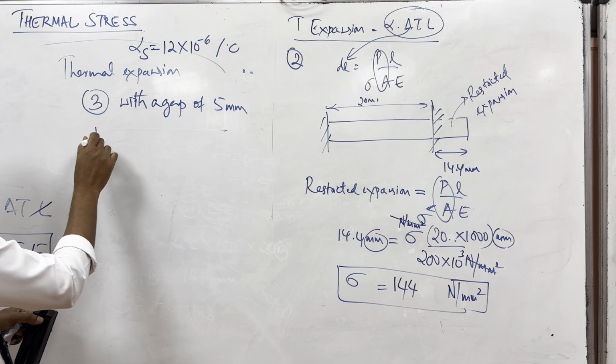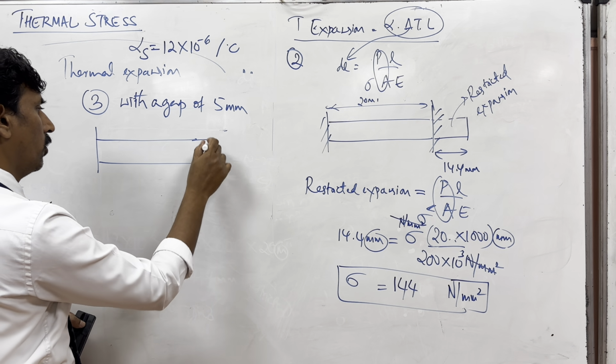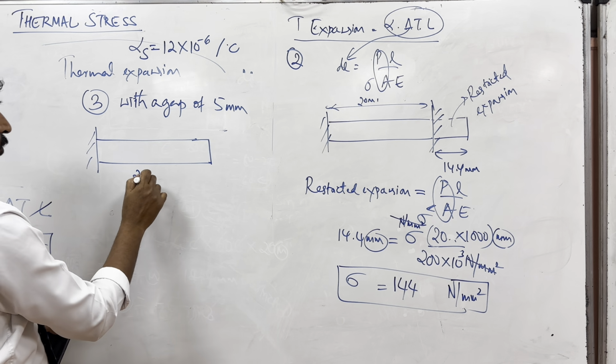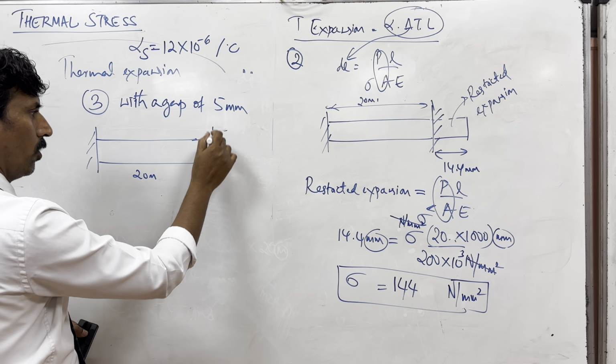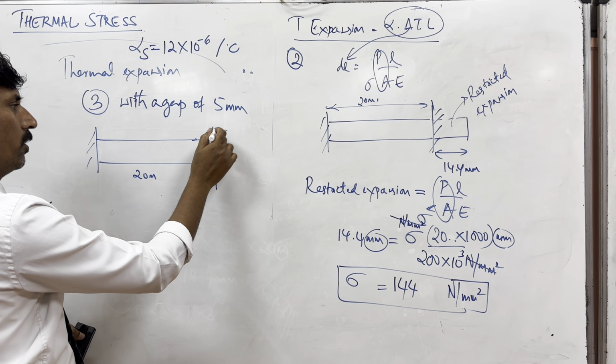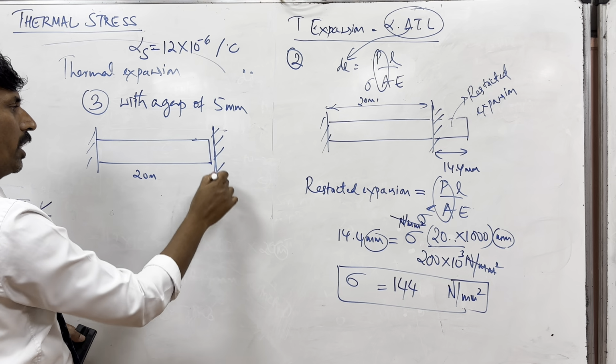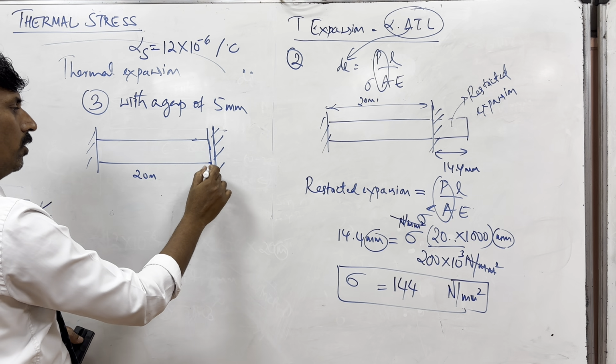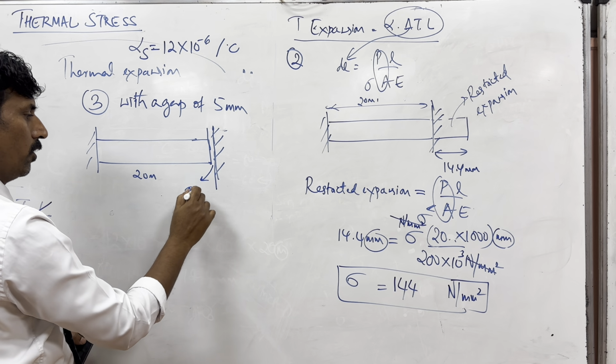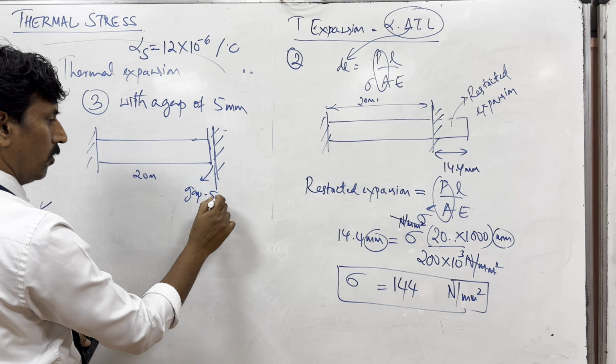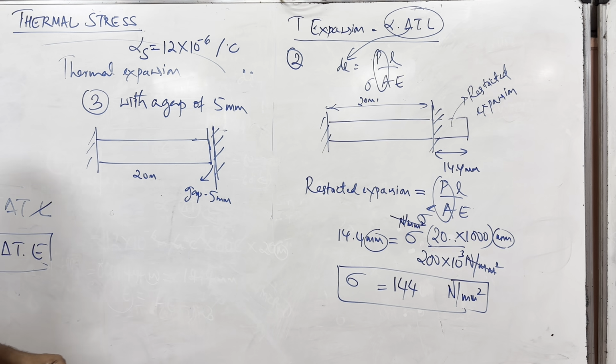So that means you got a steel rod which is actually 20 meters. Here you got a gap. So how much is the gap? Gap is equal to 5 mm.